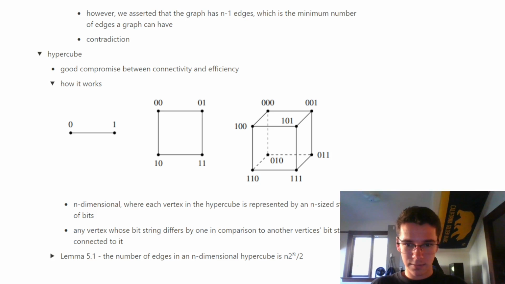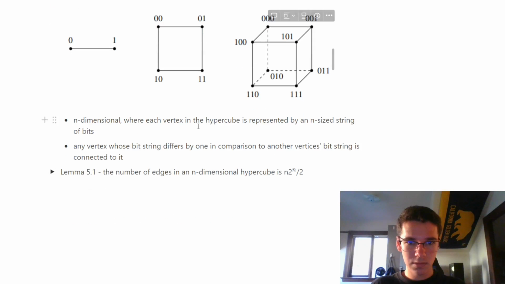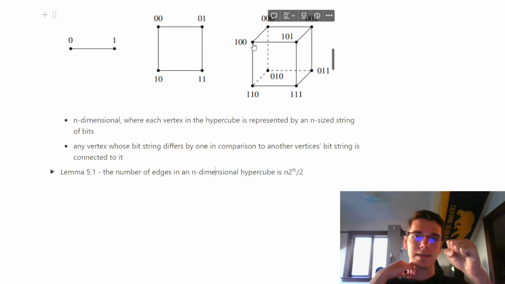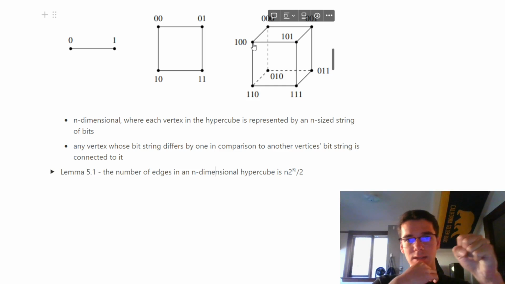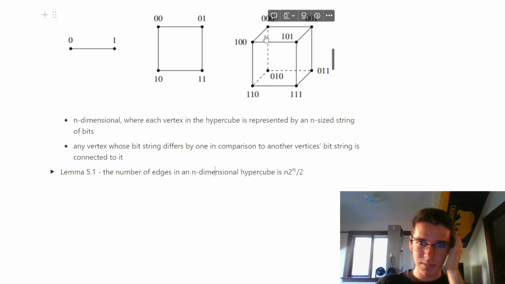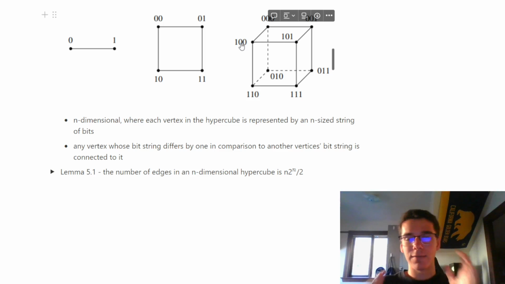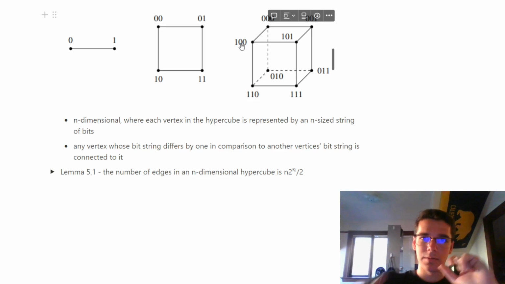We also have, again, we're trying to calculate the number of edges. So something we can notice is that from each vertex, we have exactly n edges coming out of that. And how is this possible? Well, let's look at this number 100, right? For every n-bit string, there are n other n-bit strings that are 1 different from it, right?